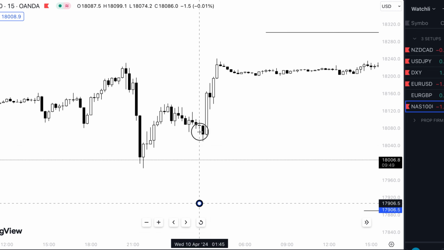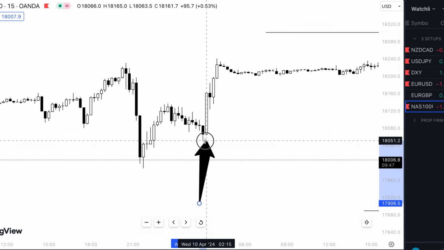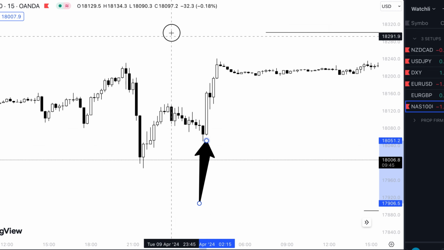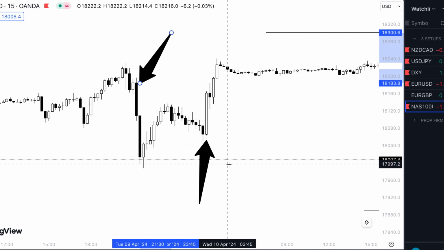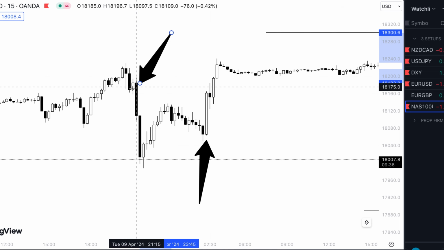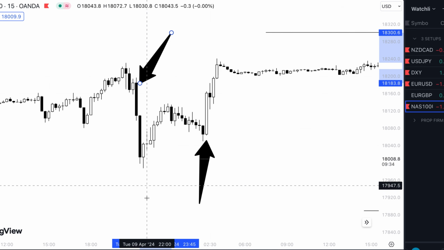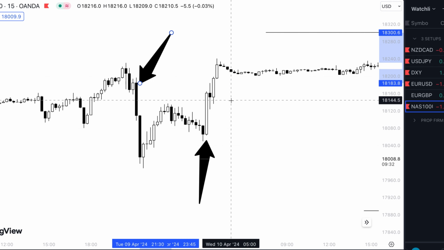Like you see right here, right there, that's an order block. It's not the most perfect example. That's an order block too. These blocks are where large sums of money were, and after you see the open of these blocks, you just see a bunch of movement afterwards. So we trade these and gaps, and that's pretty much it.